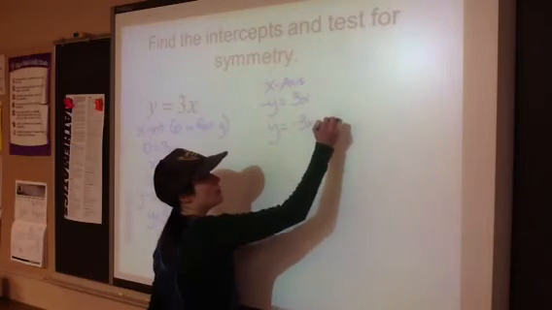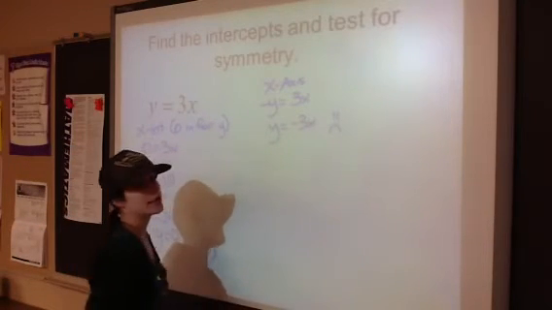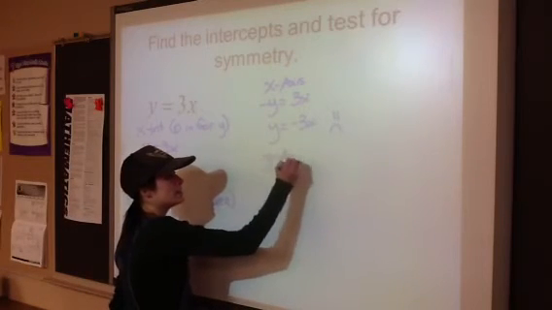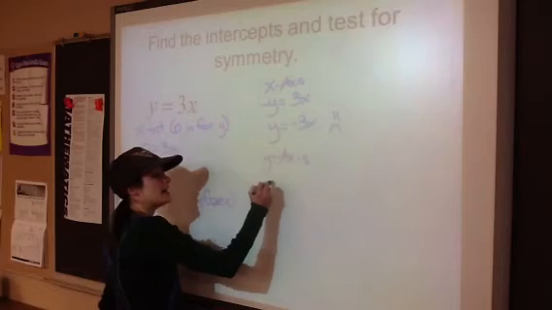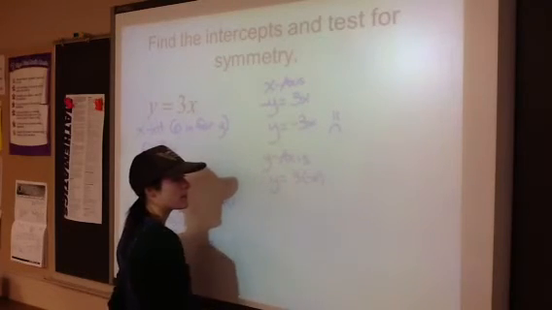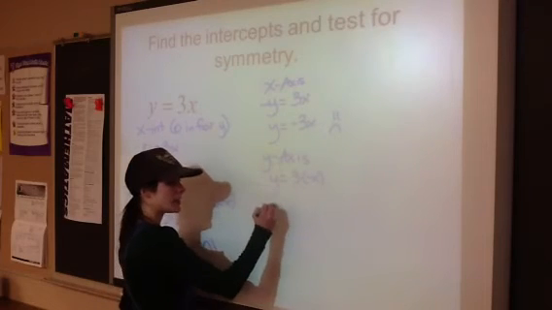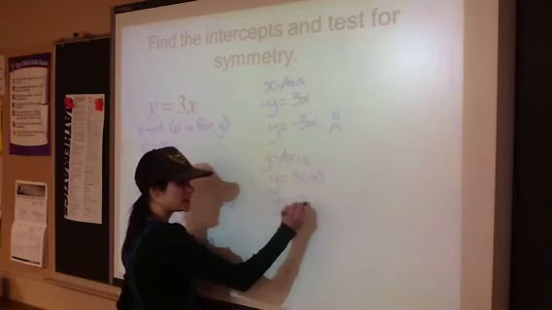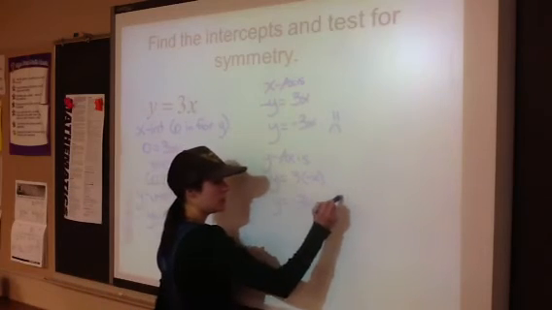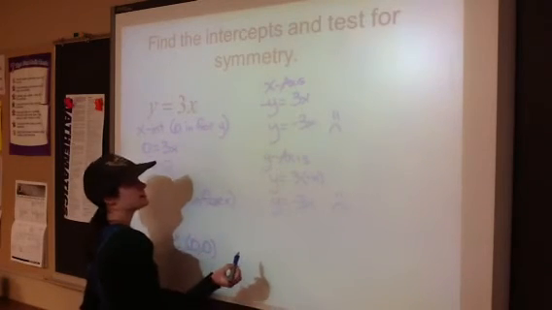The answer is no. So it's not x-axis. For y-axis, you plug in -x. So I'm going to simplify this, and I get y equals -3x. Is that the exact same? No. So it's not y-axis.